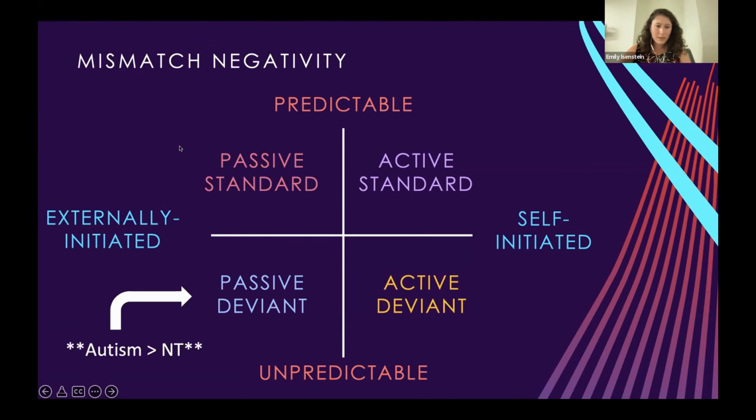My hypothesis is that this passive deviant condition, where things are externally initiated and unpredictable, is where we're going to see the biggest difference between the neurotypical and the autistic brain activity, because that seems to line up most anecdotally with hypersensitivities in autistic people.